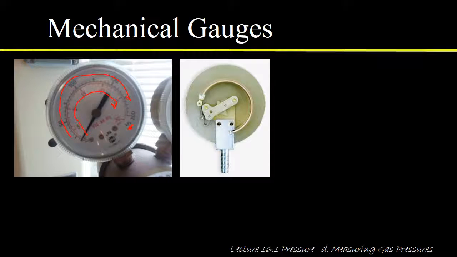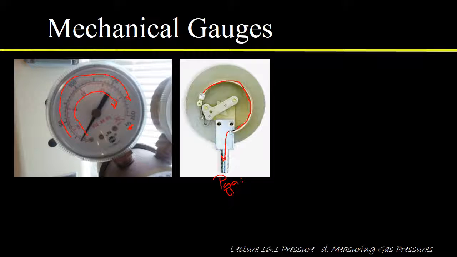And this part right here is a hollow tube. It's made of brass or copper or something like that. And this hollow tube is connected down here to the gas supply. And what happens is when you open the valve and connect the gauge to the gas, some of the gas fills up this tube. And if there's a lot of pressure in the gas, this tube, it's kind of got a curved shape to it.